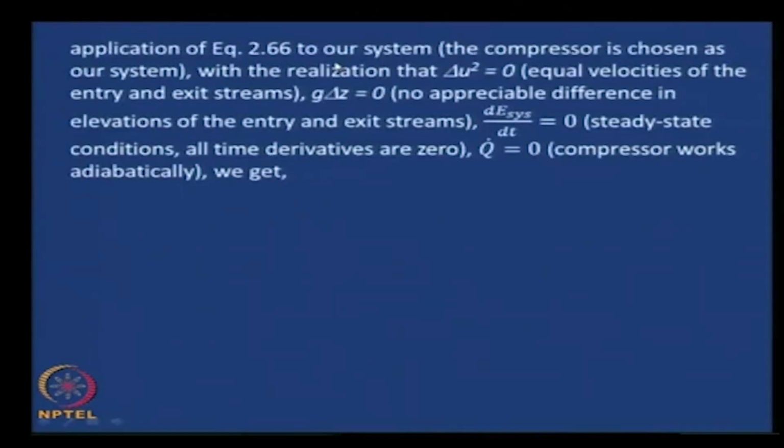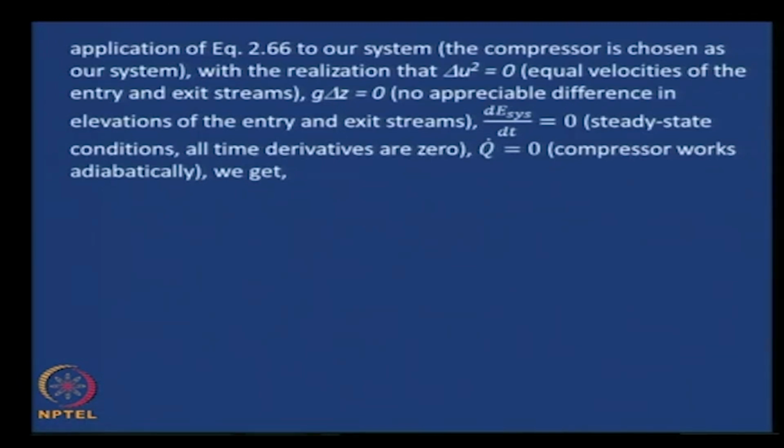Applying equation 266 to a system, where the compressor is chosen as the system, we realize that delta U squared equals 0, because the condition given is equal velocity of entry and exit streams. If you recall the problem statement, it said that the pipes are sized such that there is no velocity difference between the inlet and outlet.